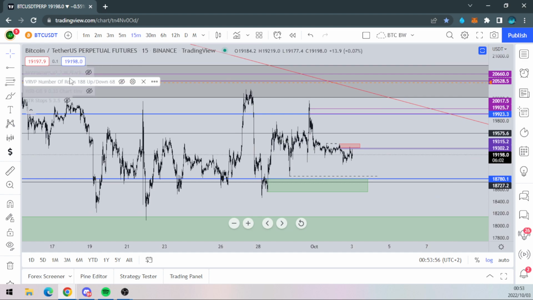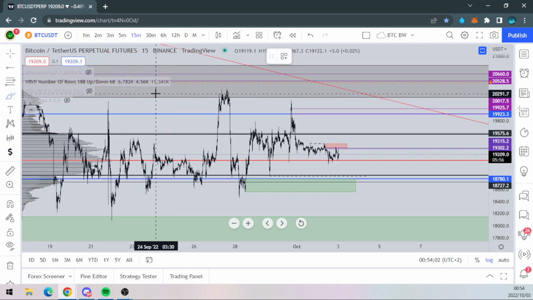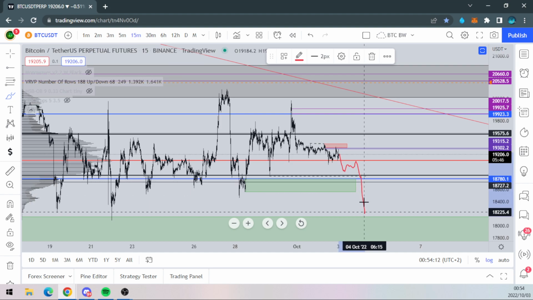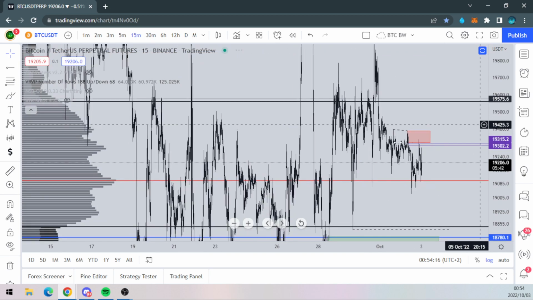I'm sure we should have some volume profile. We're at the point of control, so it's a bit shitty here for this entire range here. I'd like to see it break down below the point of control, reject, and then go down lower. Because you can see what price has been doing here, breaking down.